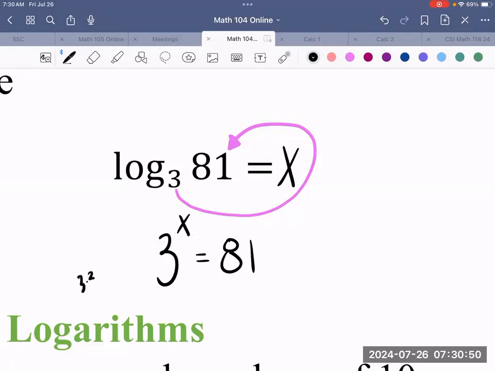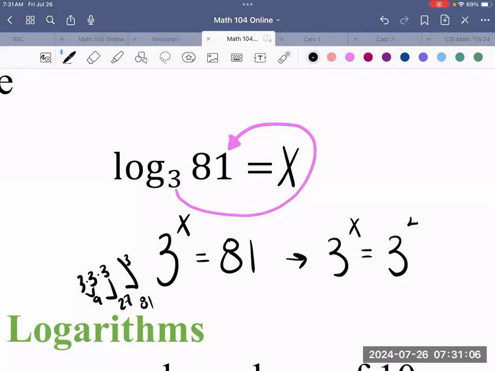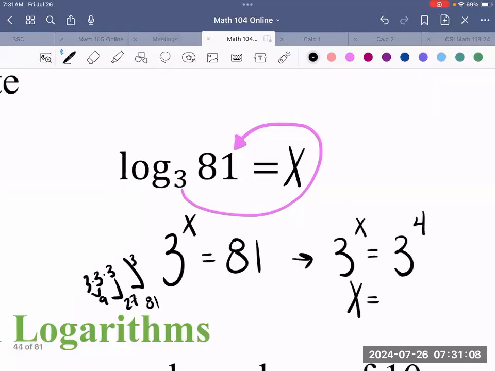Well, 3 times 3 is 9, times 3 is 27, times another 3 should be 81. So we really have 3 to the x is equal to 3 to the 4th. So x is equal to 4.